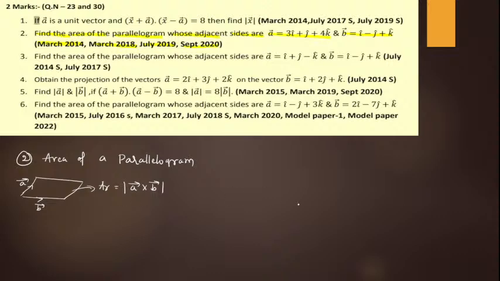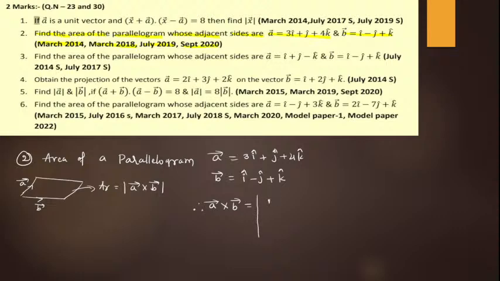So using this concept, what is given here? Vector a is given, that is 3i cap plus j cap plus 4k cap. Okay, and vector b is provided, that is i cap minus j cap plus k cap. Therefore first we will find cross product of a cross b. So we have to solve using determinant.